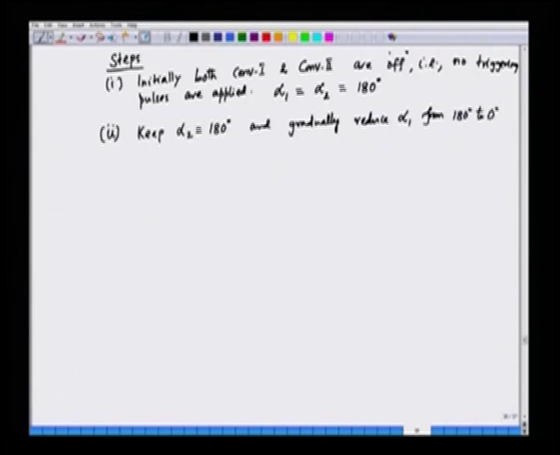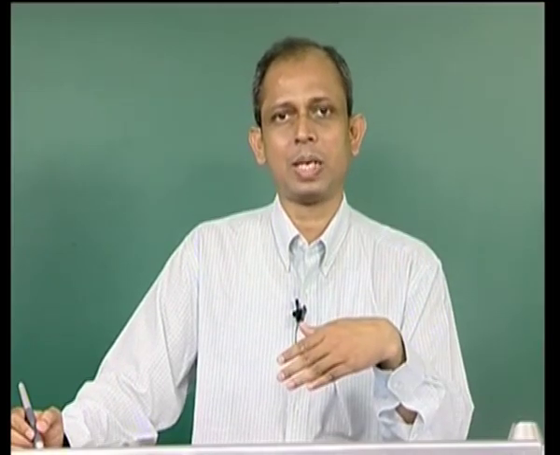What we are trying to do here is gradually increase the output voltage, and the output voltage can be increased by decreasing the triggering angle, because the output voltage is root 2 V by pi into cos alpha 1 for VO1 and root 2 V by pi into 1 plus cos alpha 2 for VO2. So, if we gradually reduce alpha 1, the output voltage is going to increase.